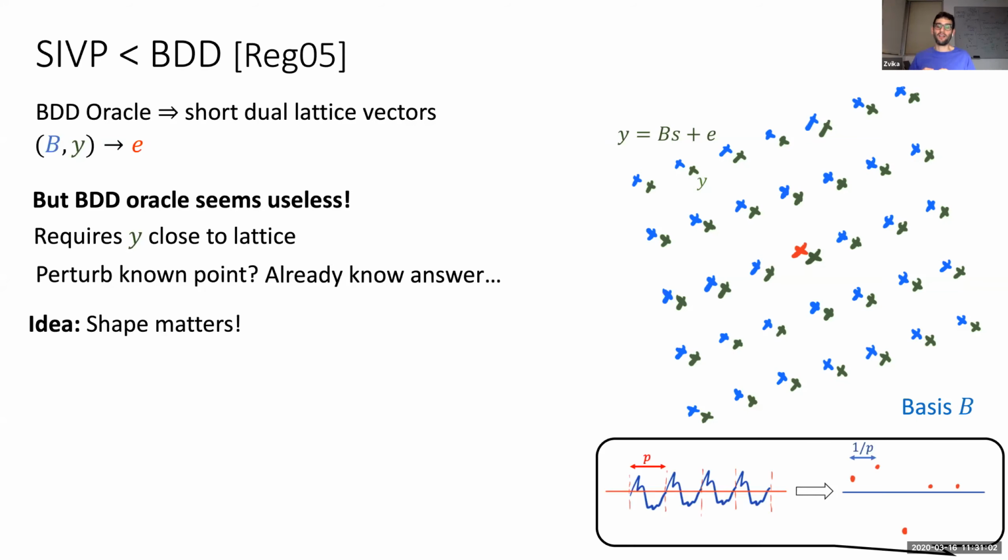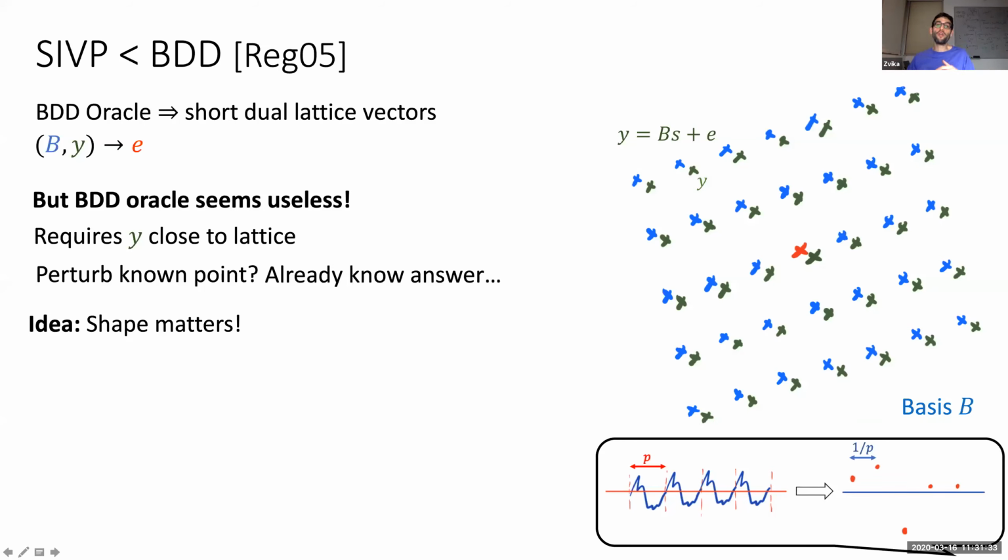Let's go back to our quantum Fourier transform tools and see how this Fourier transform, which again relates periodic functions on the primal to discrete functions in the dual, can help us in sampling short vectors in the dual. And indeed, the point is that the shape of the periodic function is going to matter. Before, when I talked about the color oracle, I was talking about uniform superposition over a coset.